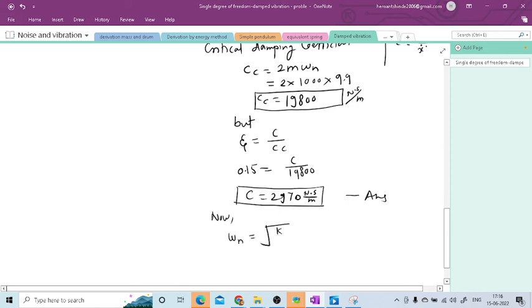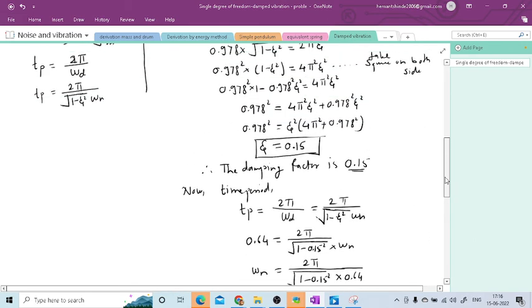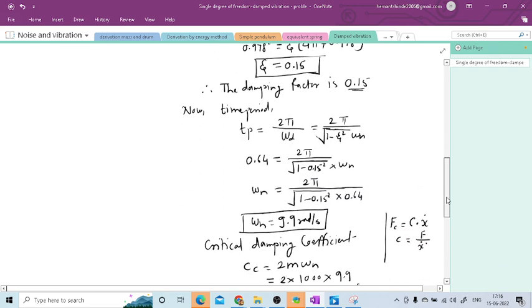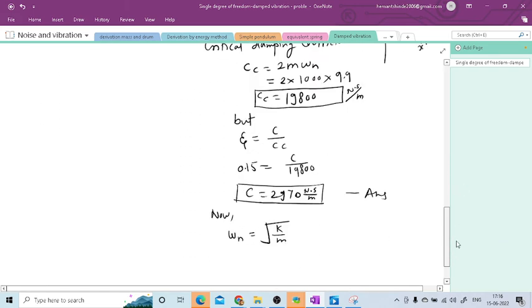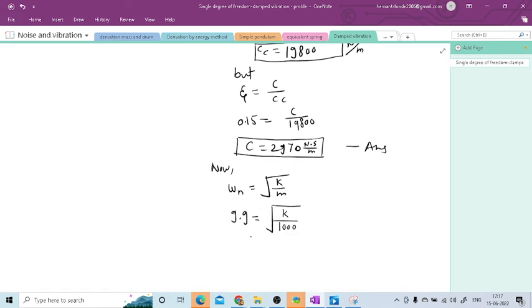It is root of K by M. Go back and see the value of omega n. We have determined it is 9.9. So I'll put here 9.9 is equal to root of K by the mass, which is 1 ton, so 1000. Now square on both sides and determine the answer.